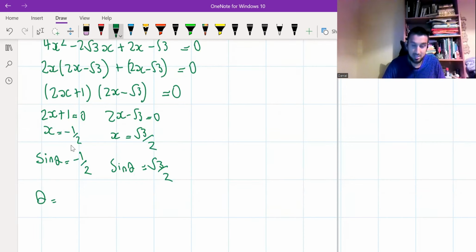Then we can inverse to get two sine values. I'll just use my calculator to do that. This is the calculator paper now, so it's fine.